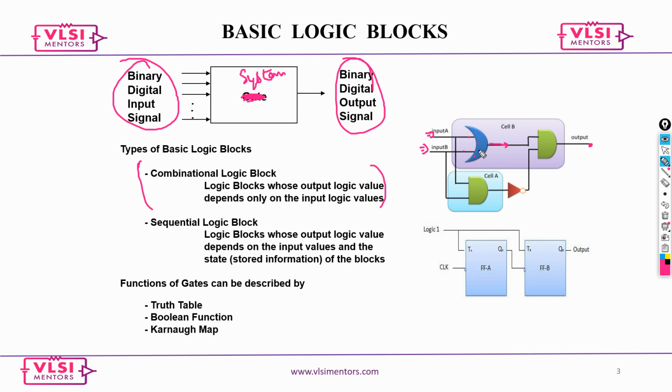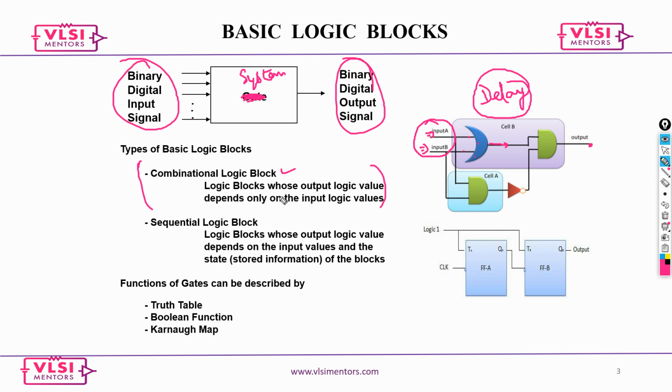The basic thing here is that when you say combinational, the output does not depend on anything else, only on the present input. The moment the input changes, your output will change after some time. That is what we call propagation delay. We will talk more on that delay later. So this is a combinational logic.